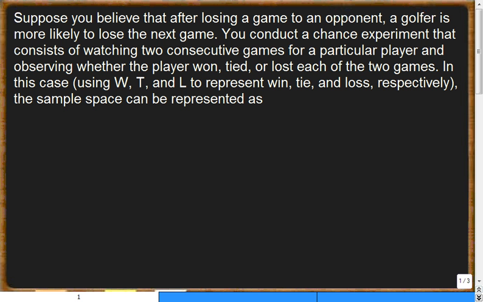We have 3 possibilities for each game, so we end up with 9 total possibilities, because each of these multiplies by the other 3 times to create our sample space.